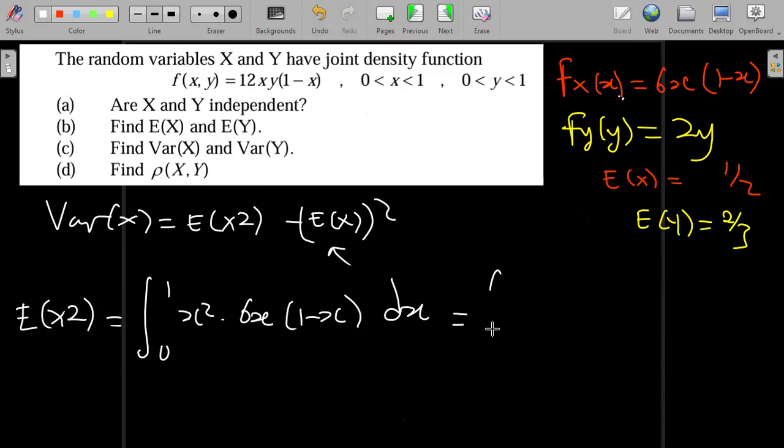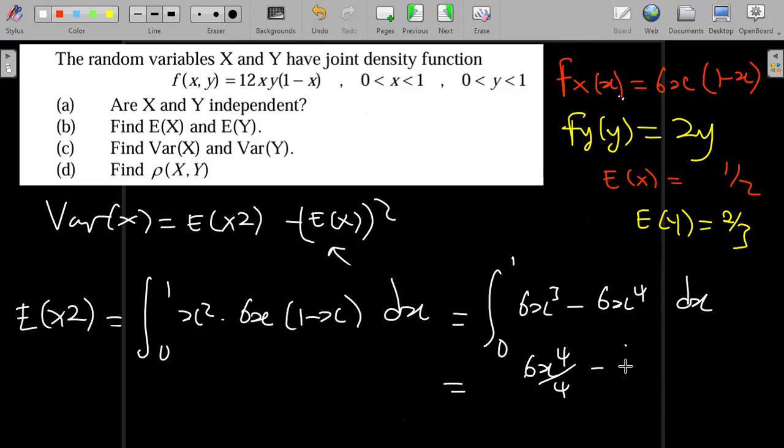So this will be the integral from 0 to 1 of 6x to the power 3 minus 6x to the power 4 dx. So this will be 6x to the power 4, if we integrate it, over 4 minus 6x to the power 5 over 5, and then 1, 0.